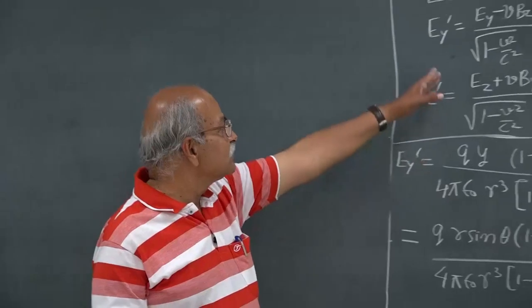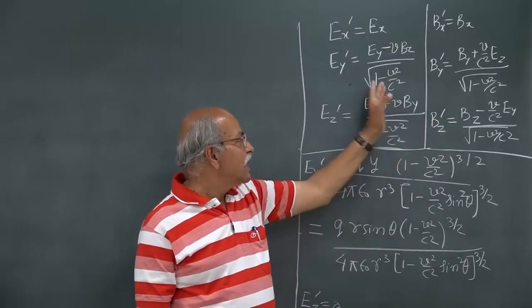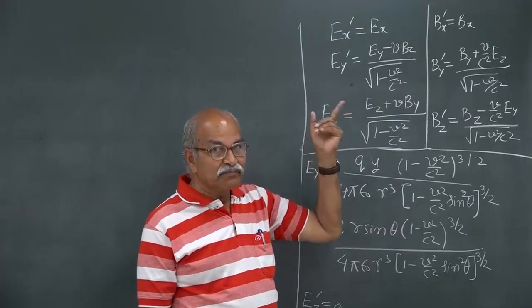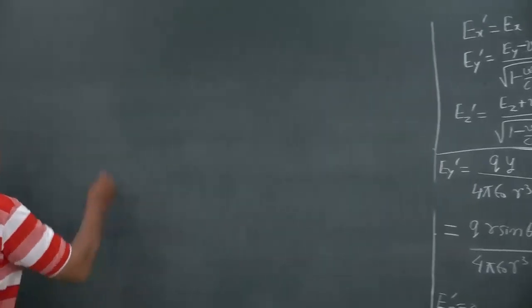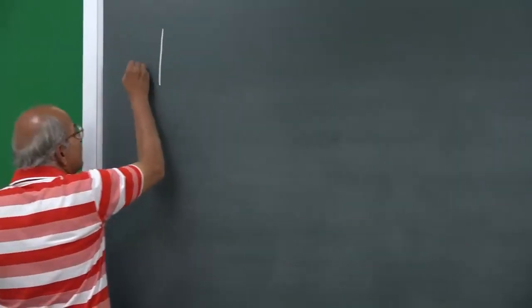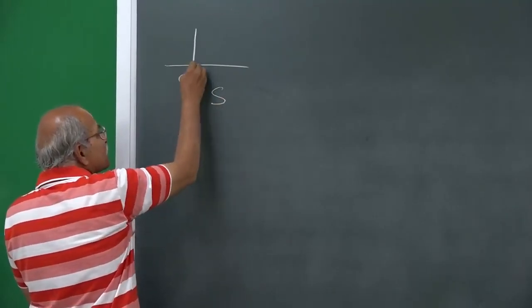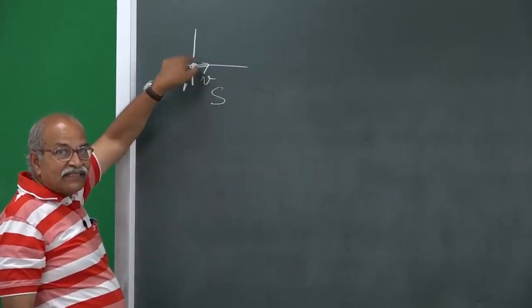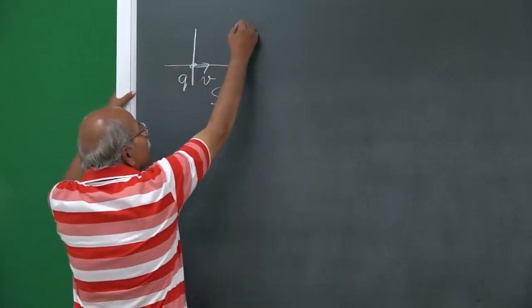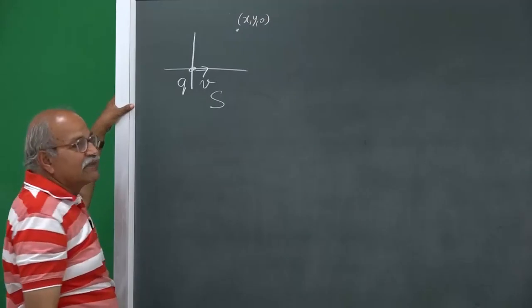So, the transformation equations are here on the board. These are the transformation equations going from S to S prime, and in our scheme we will go from S prime to S. Remember, what we had done is we have taken a particle, this is S prime, and a particle moves with velocity v, and at a certain instant it is at the origin, and at this instant we are writing what is the electric field, what is the magnetic field at this point x y 0.